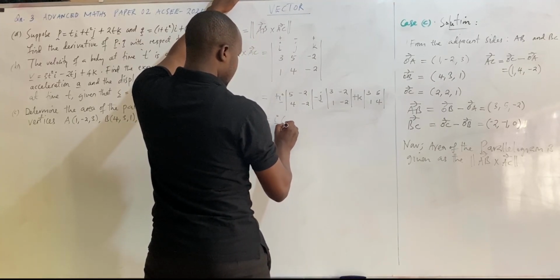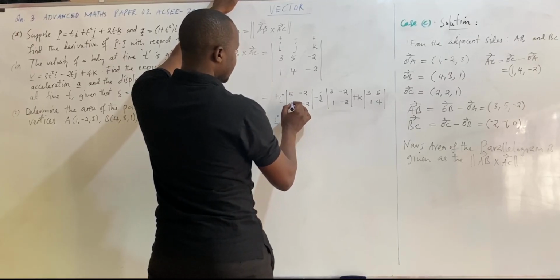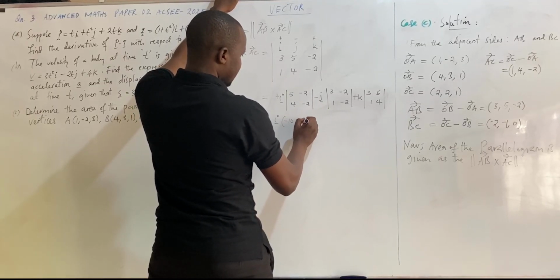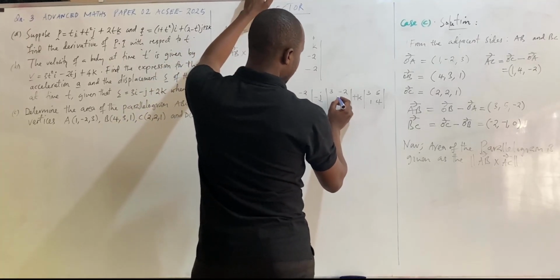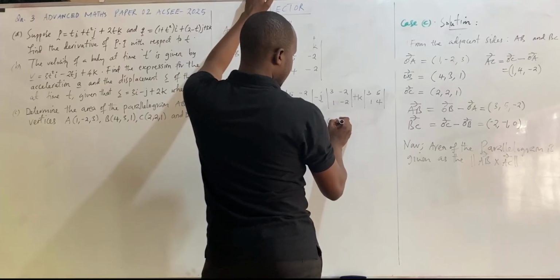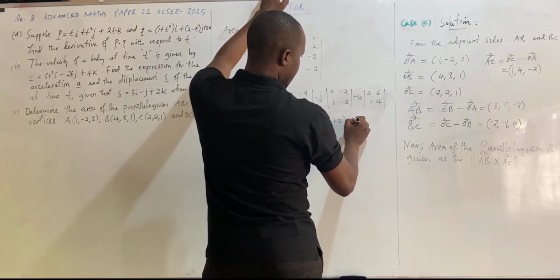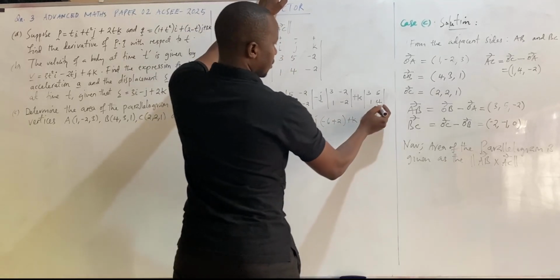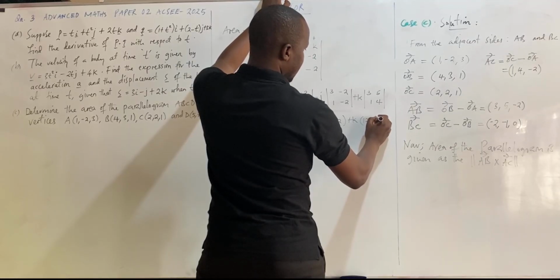So what exactly do we get? It's I bracket: negative 2 times this we get negative 10. Now we minus this, which is negative 8, so it's a plus 8 here. Minus j vector: negative 2 times this one we get negative 6, minus this, which is negative 2, so now we plus 2. Then we plus k: 3 times 4 we get 12, minus 1 times 5 is 5.